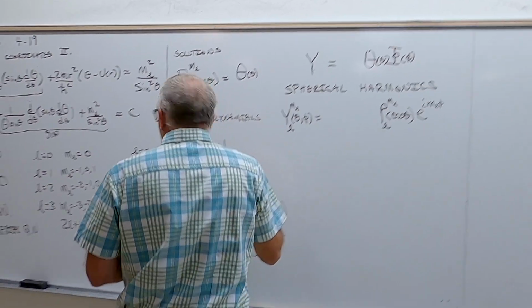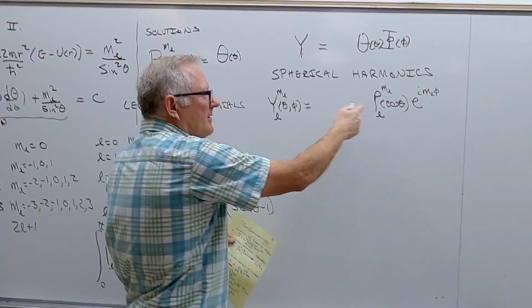Well, it's got that 1 over the square root of 2 pi from the phi, but it's also got some other stuff from this.